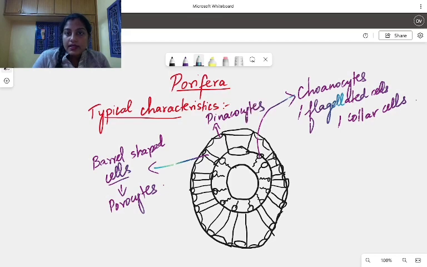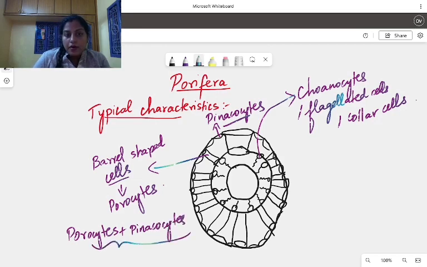So basically this porocyte plus pinacocytes form the poroderm, a skin-like layer.